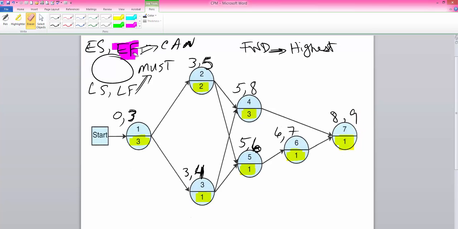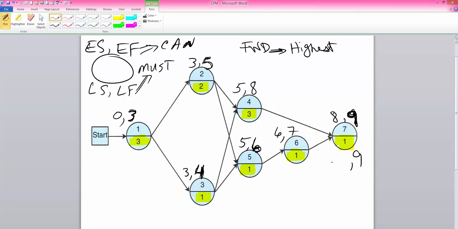So I'm going to take these off now. Okay, and now for our backward pass, we will put 9 as our latest finish time, which is this 9 right here. So essentially we're saying that this activity can be finished in 9 months, but we want that it must be finished in 9 months.